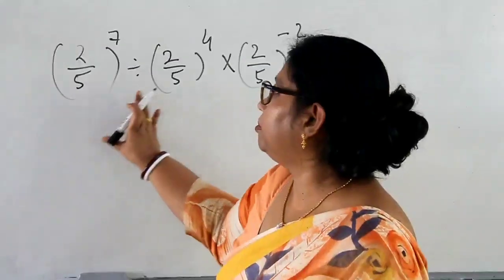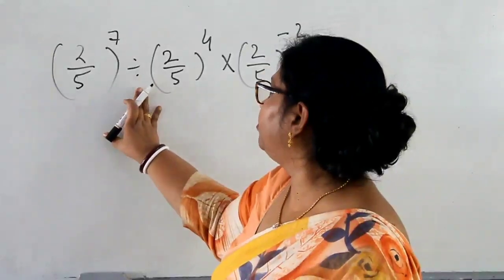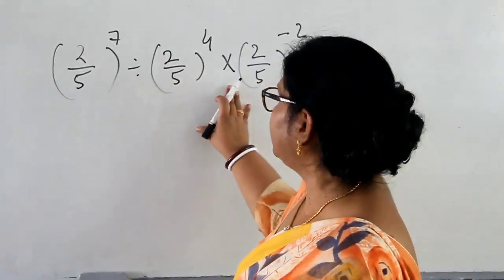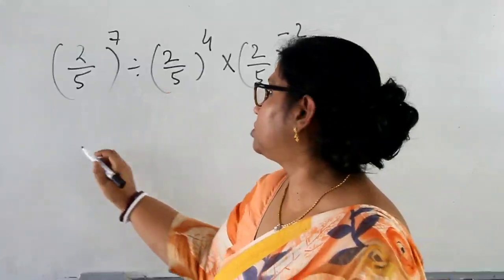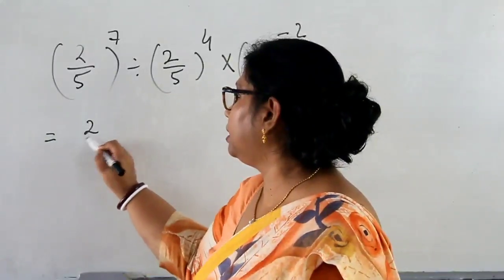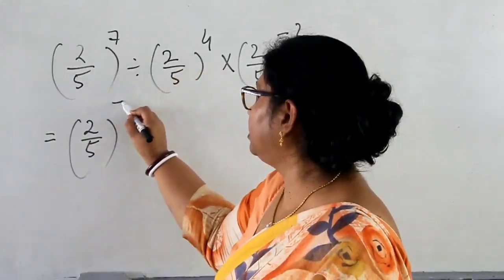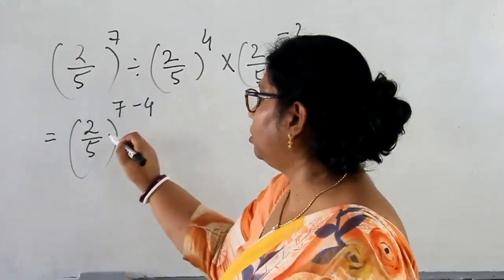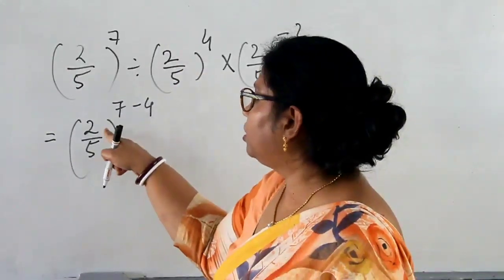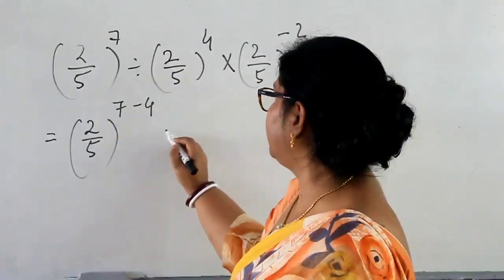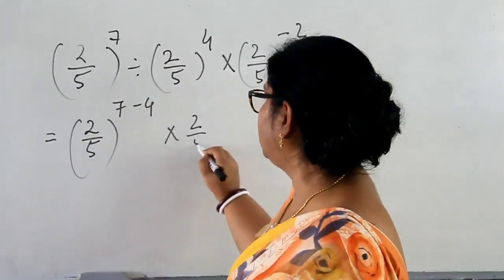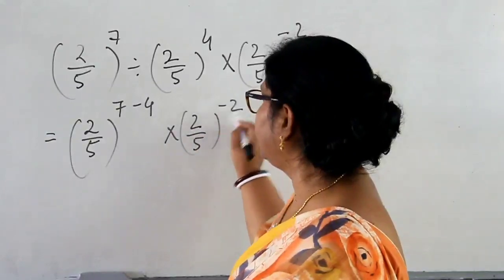According to the BODMAS rule, we know that division will be taken first, then we will come to multiplication. The base is 2 by 5 here, and after division we can use the laws of indices, which is 2 by 5 whole to the power 7 minus 4 into 2 by 5 to the power minus 2.